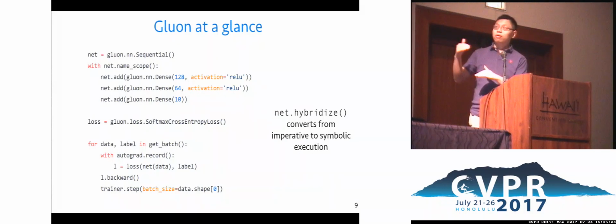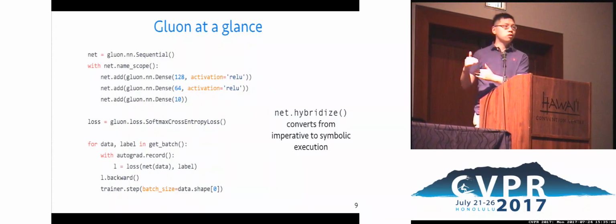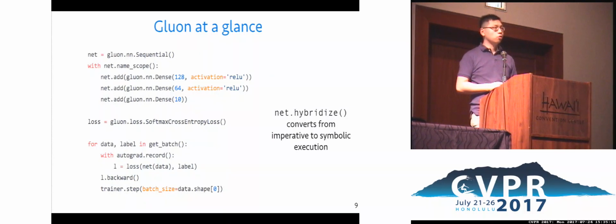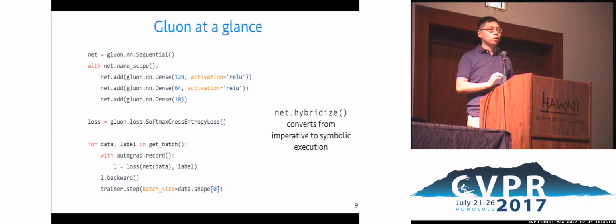Next time I call the forward pass, I don't need to go back into the Python code. I just use the internal computation graph. In this case, we reduce the Python overhead by moving from Python to C++. Also, the computation graph can be dumped into a JSON file. You can use this JSON file to deploy on the other front-end languages MXNet provides. For example, you can do inference in R, in Scala, and in C++. So this is the basic idea of what Gluon provides.